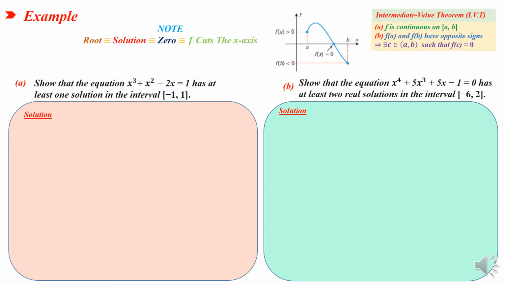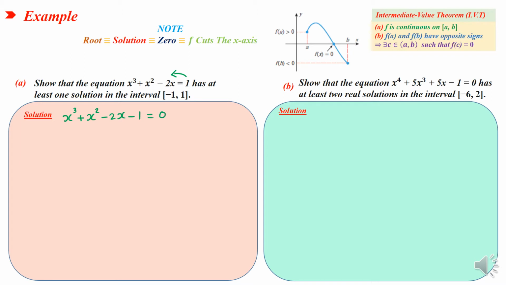So first you have to construct a function f of x. To apply the IVT you have to move 1 to the left hand side to get 0 on the right hand side and to get the function f of x. So we have x cubed plus x squared minus 2x minus 1 equal to 0.